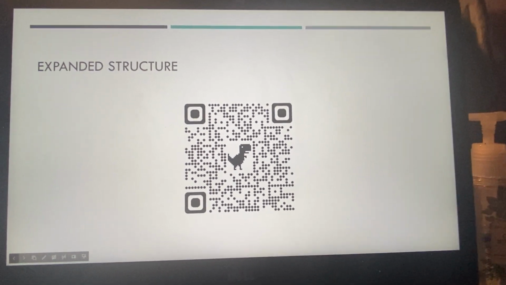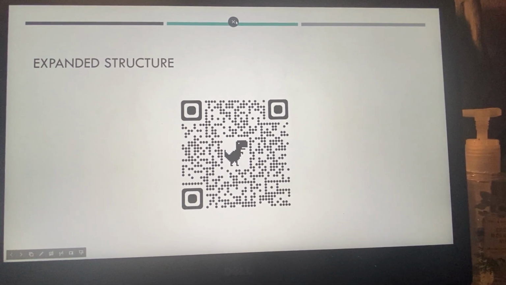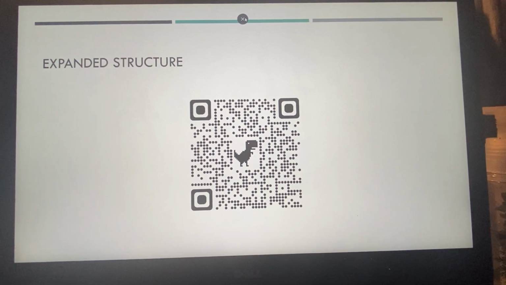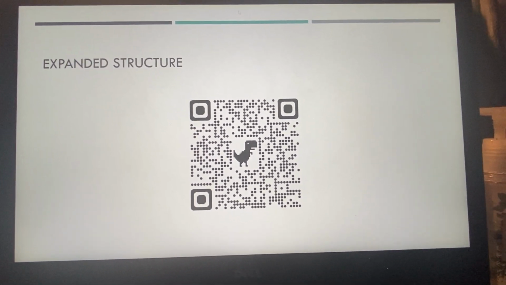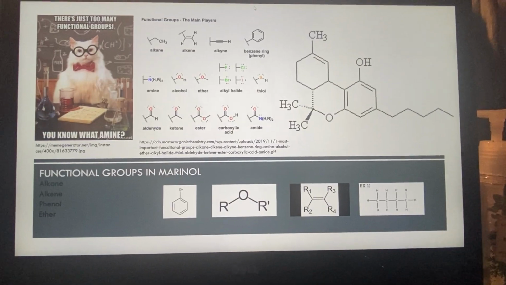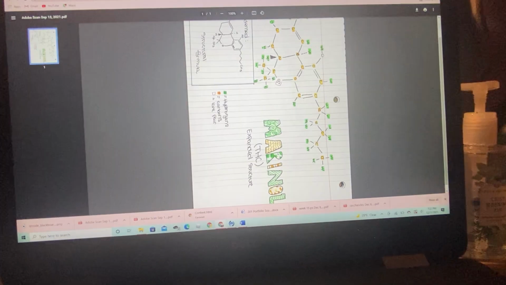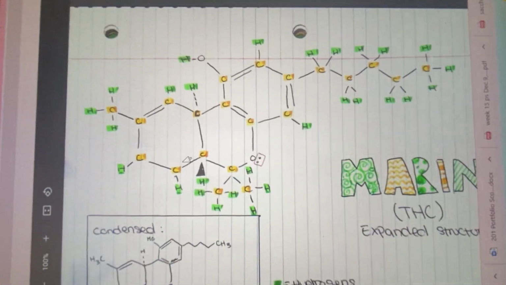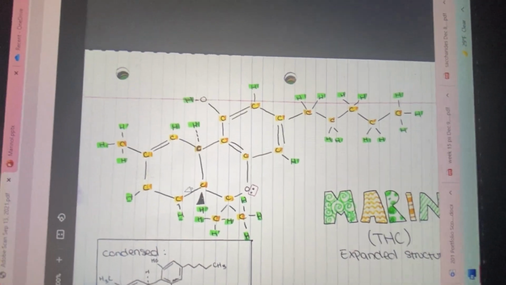So right here I have my expanded structure, kind of a QR code. Having come here, right here is my expanded structure.